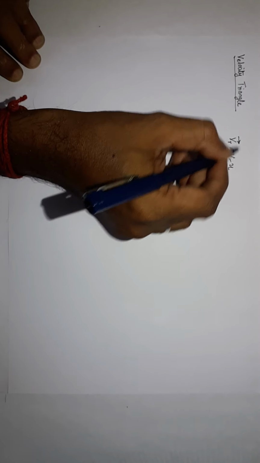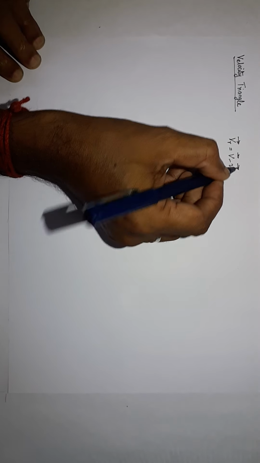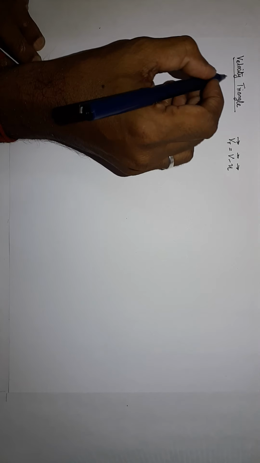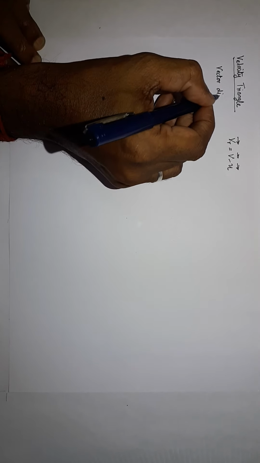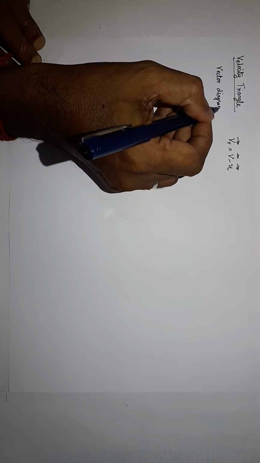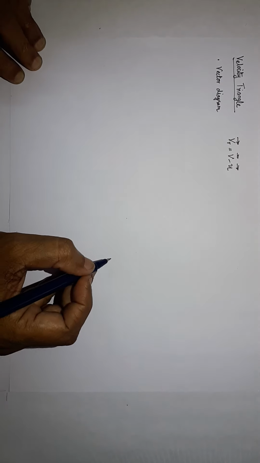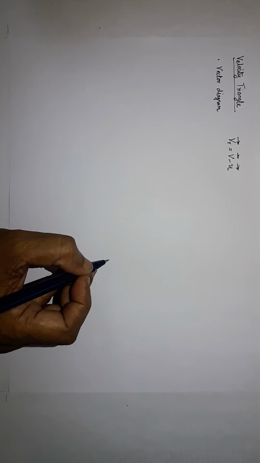This is a vector quantity, so I am putting this. This is a velocity triangle. It is nothing but a vector diagram. Remember that it is nothing but a vector diagram, which means it is going to give magnitude as well as direction.